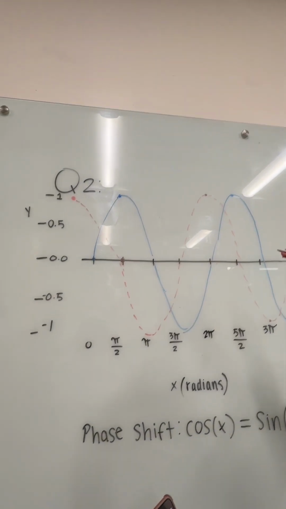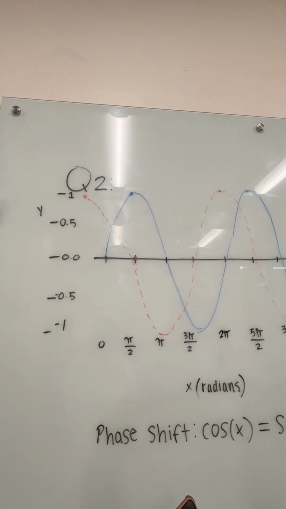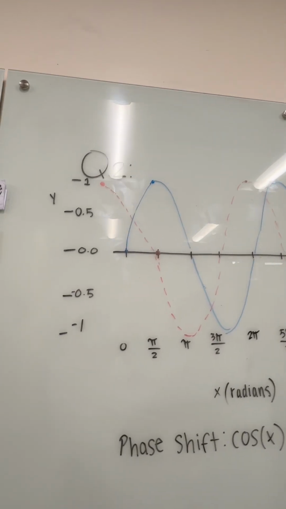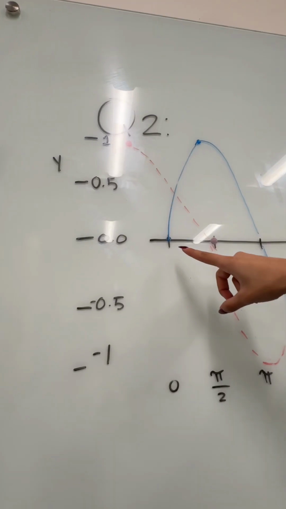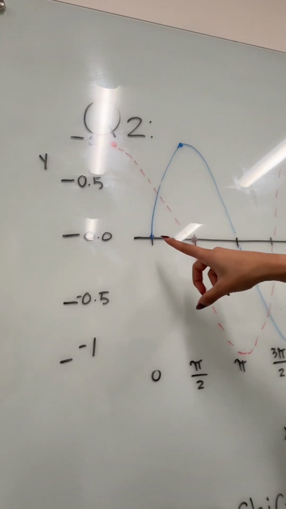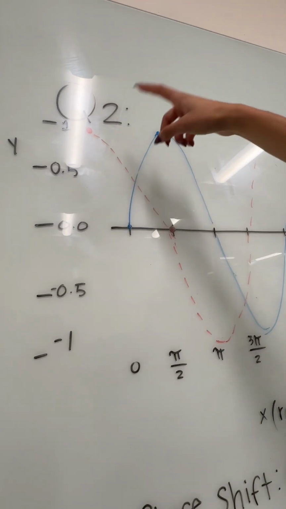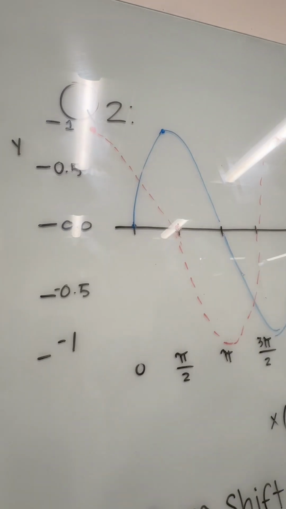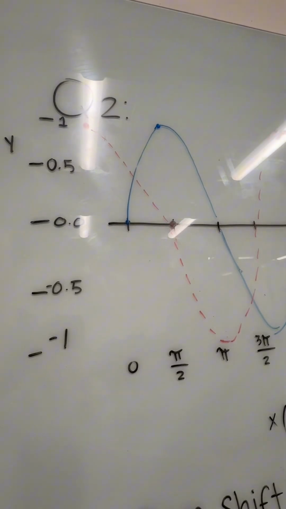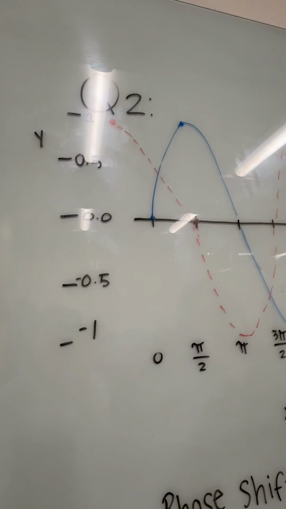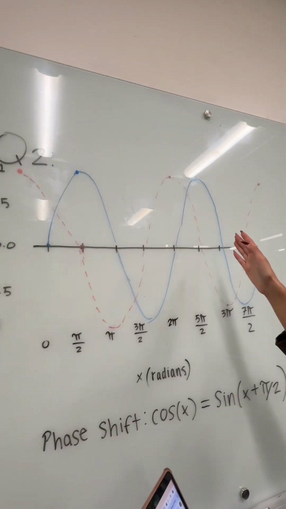The sine graph starts at the origin (0, 0), and the cosine graph starts at (0, 1). So this is simply a horizontal translation of the other graph.